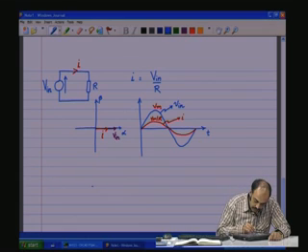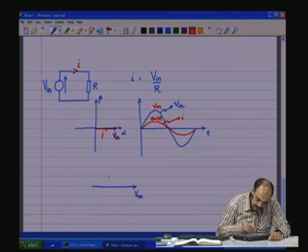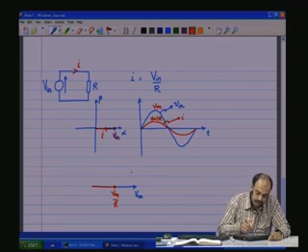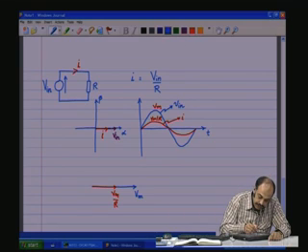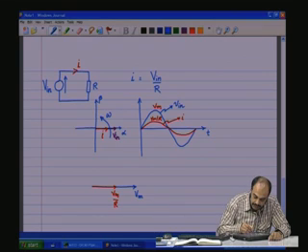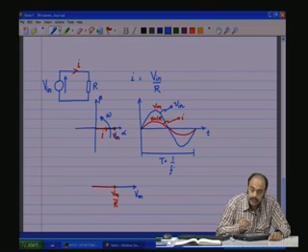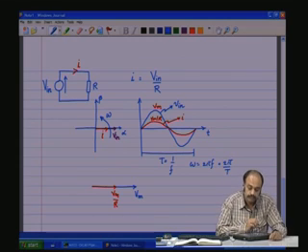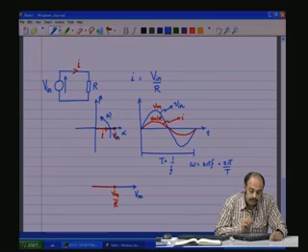So, I have one vector with amplitude V m, and I have another vector with amplitude V m by R. Now, this whole combination is rotating with frequency omega as determined by the frequency here, T is equal to 1 by f, and omega is equal to 2 pi f, which is equal to 2 pi by T, with that angular frequency.